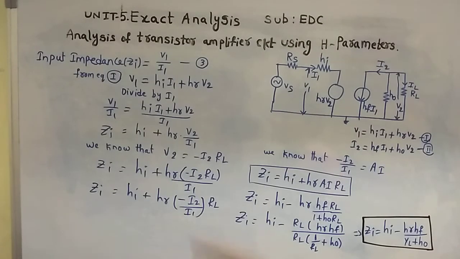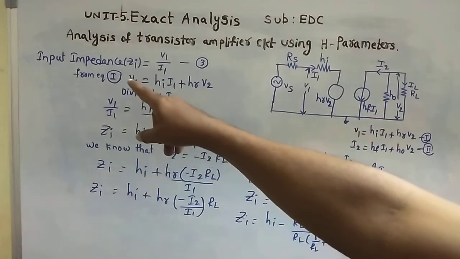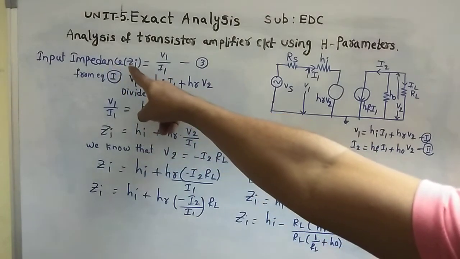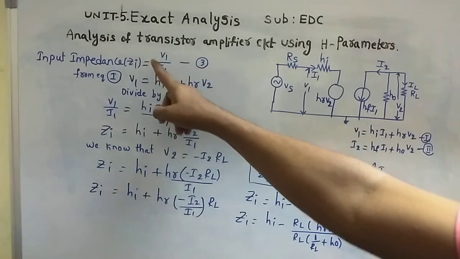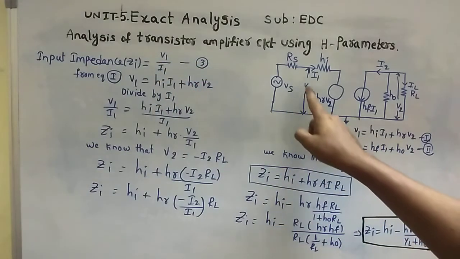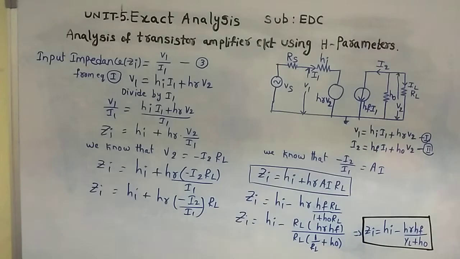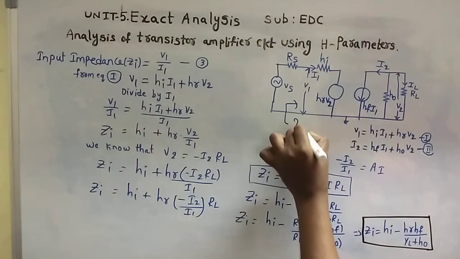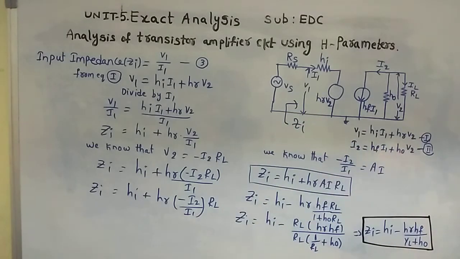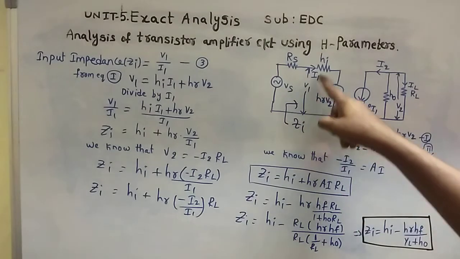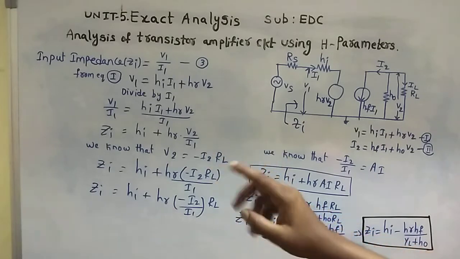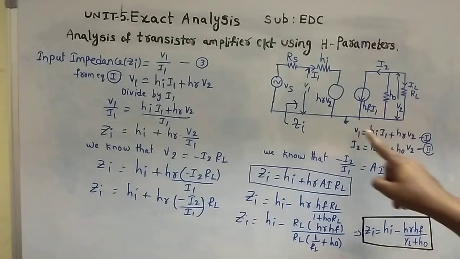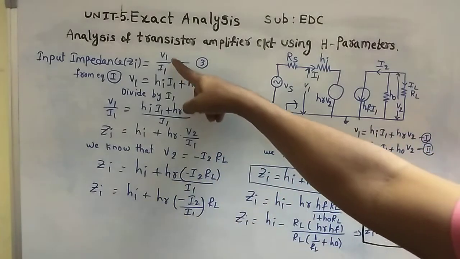The next parameter is input impedance. Zi is equal to input voltage by input current, V1 by I1. So from H parameter equation 1, here we have V1 and I1.